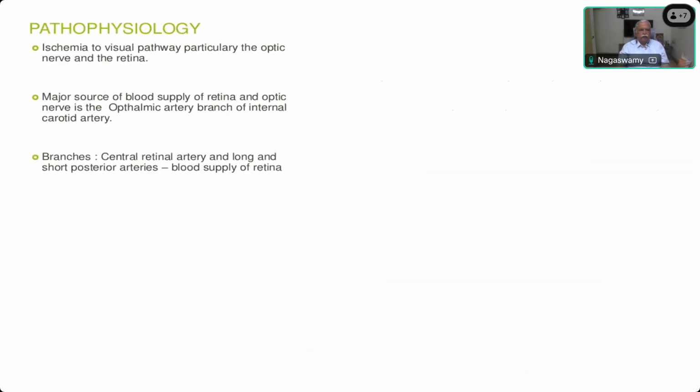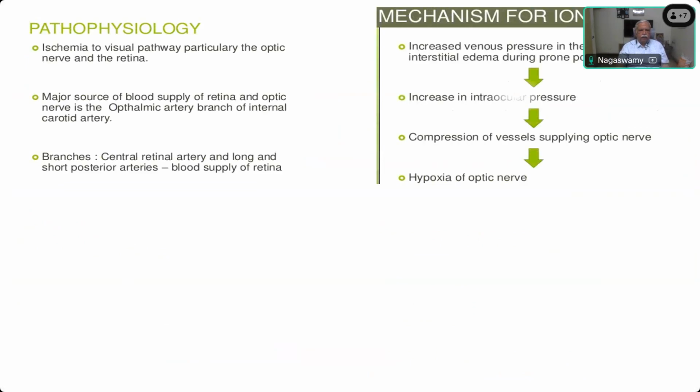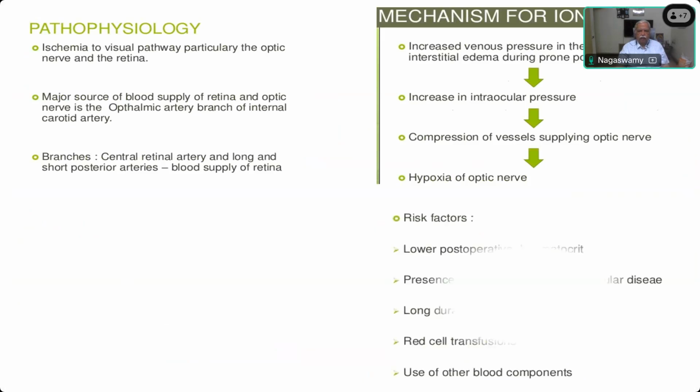And pathophysiology: why do they happen? Ischemia to visual pathways or the major source of blood supply being affected. The mechanisms are increased venous pressure, interstitial edema, rise in intraocular pressure, compression of vessels, and hypoxia to the optic nerve. Ultimately, it is ischemia and hypoxemia causing that.